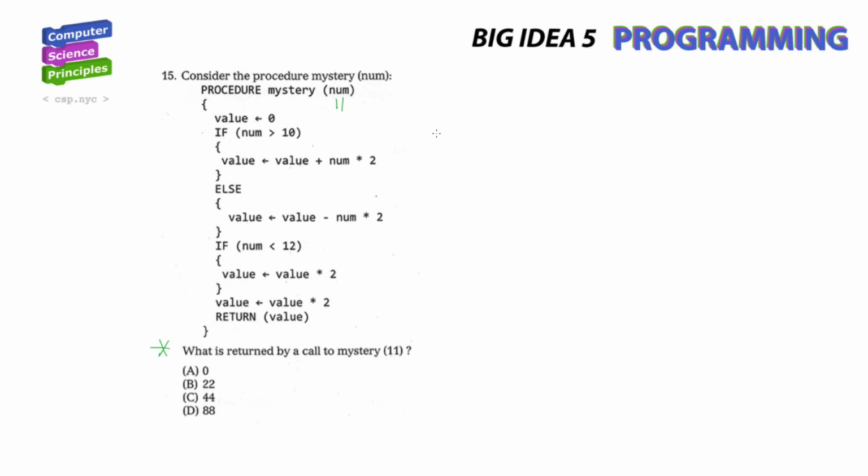The value is 0, so val equals 0. The num is 11, so if 11 is greater than 10, which it is, that means that the value is given 0 plus the num times 2. So that means that the value becomes 0 plus 22, which is 22.